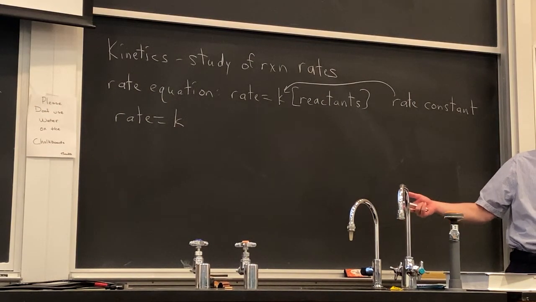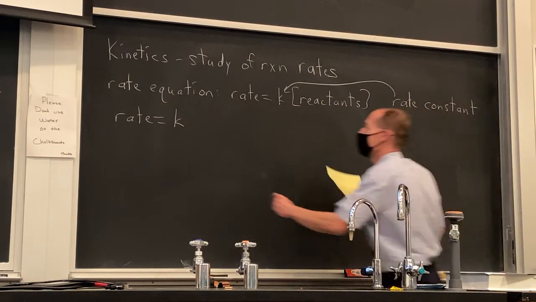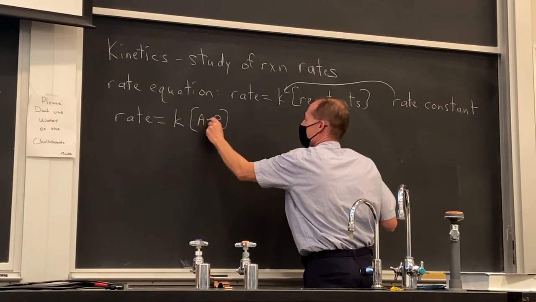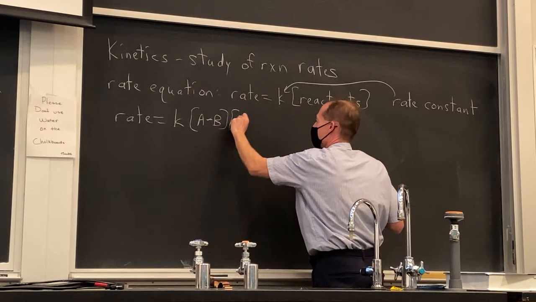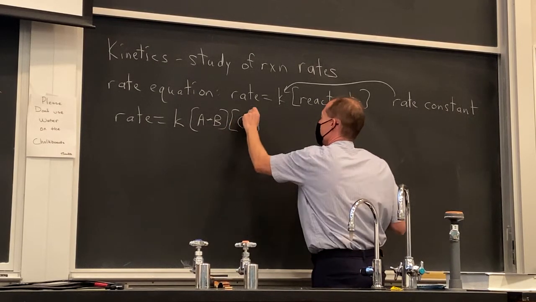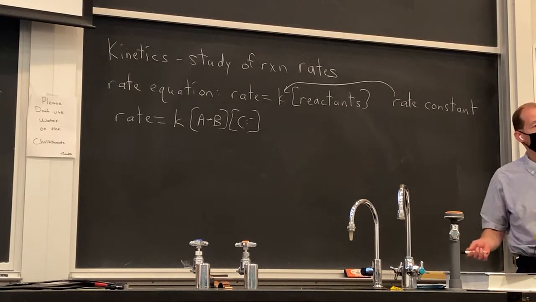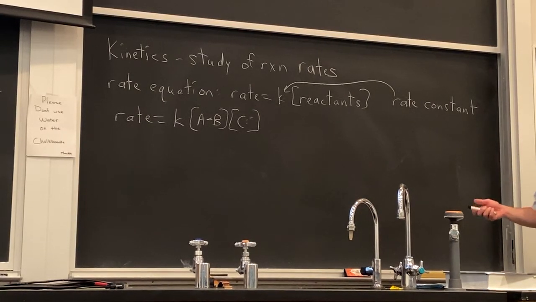Concentrations of what? AB. Anything else? And C minus, okay? Both of our reactants are participating in the rate determining step, so both of them must appear in the rate equation. Now, we didn't write them in, but there are exponents to each of these terms.